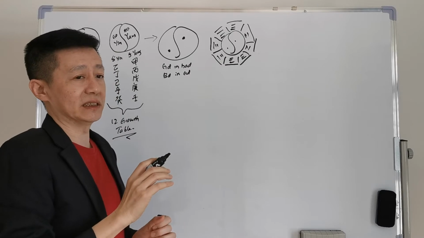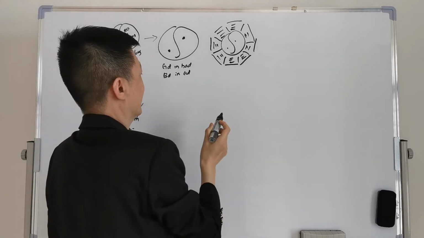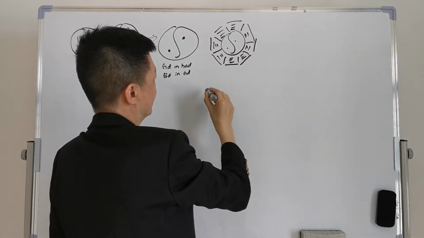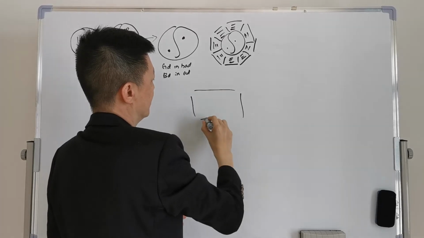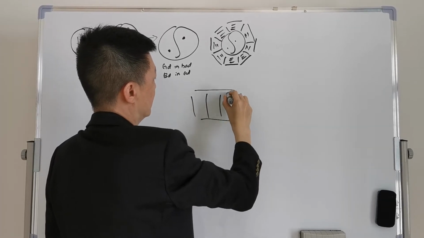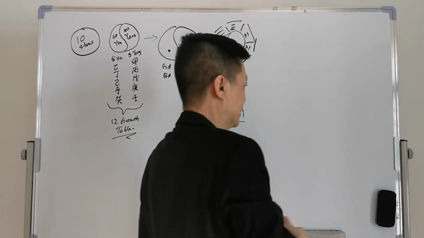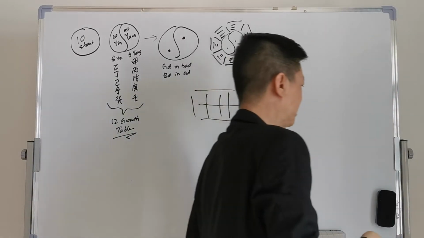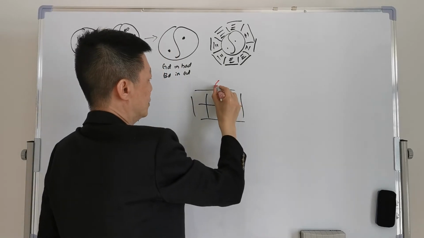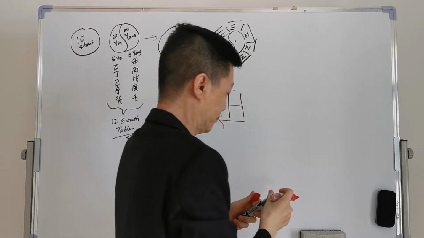in a puzzle, how does it look like? I'll give you an example. Okay, so you break this puzzle into two parts.